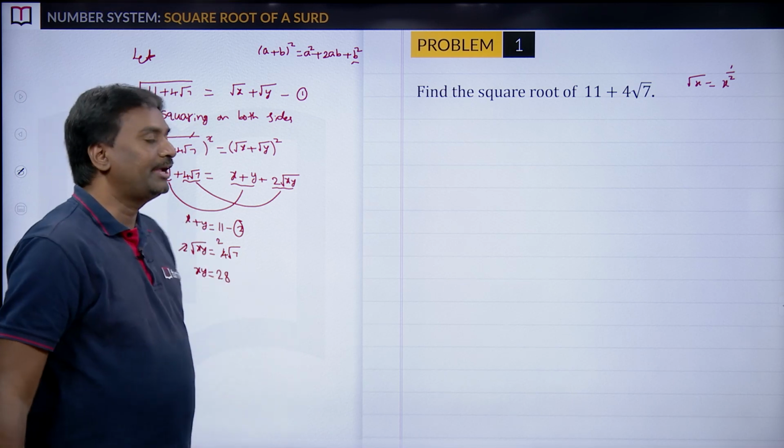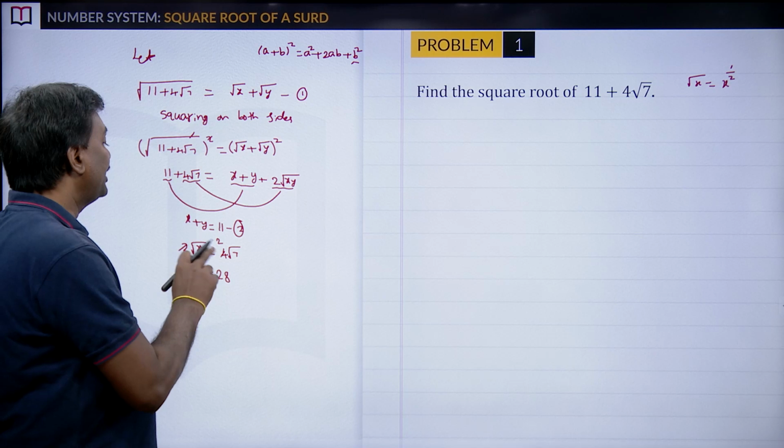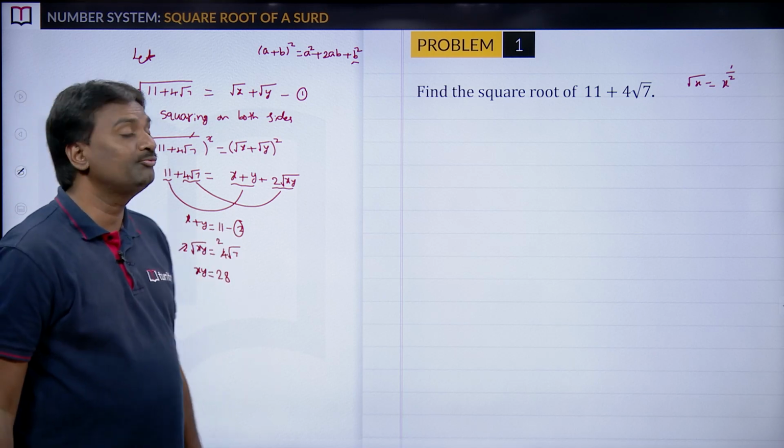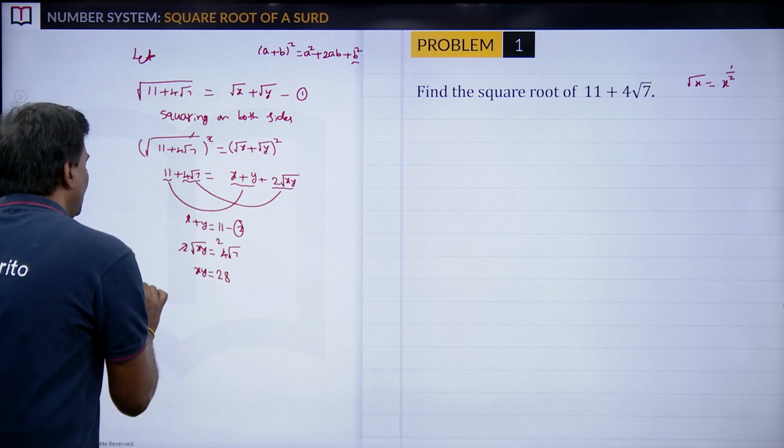So x plus y equal to 11 and xy equal to 28. Here we know x minus y whole square equal to x plus y whole square minus 4xy.